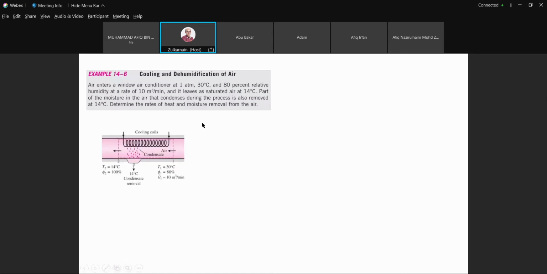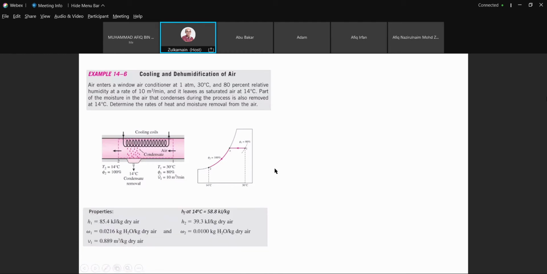So this is the sketch of the system. This is what we have from the psychrometric sketch. And if we look at the analysis, from here we could get H1 from the psychrometric chart. We could get H2 also from the psychrometric chart.